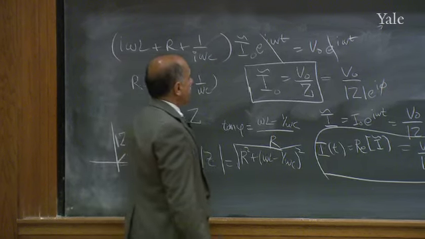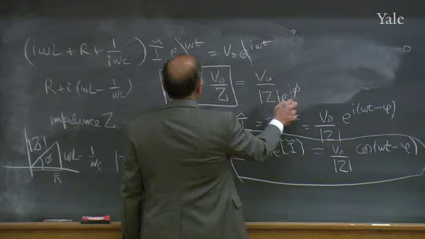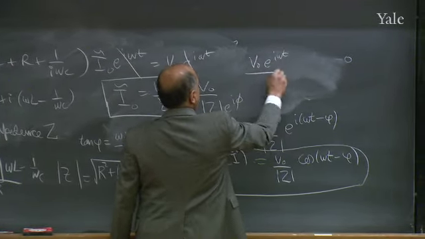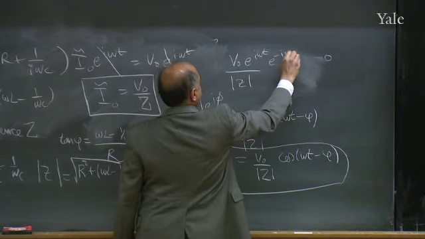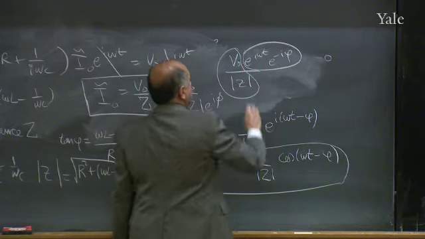How does that happen? That happens because the impedance Z has a magnitude and a phase. Therefore, if you had a voltage V0 e^(iωt) and you divide by mod Z e^(iφ), that becomes e^(−iφ) upstairs. You're able to change the magnitude, and you're able to change the phase by dividing.